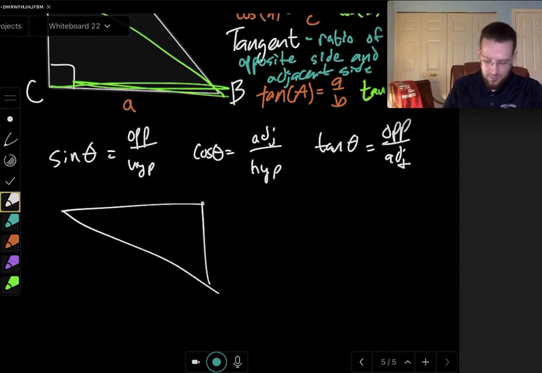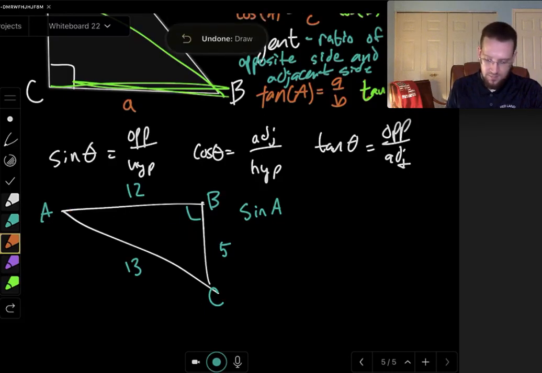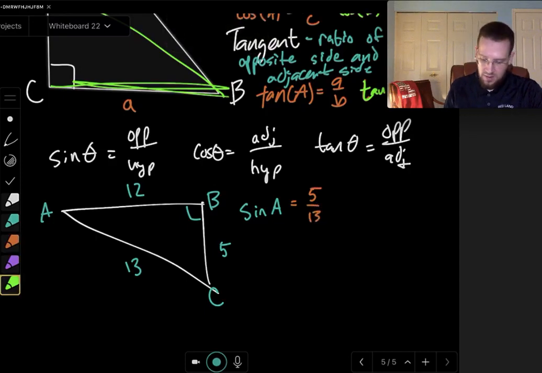So if we look at a triangle with A, B, C and sides 12, 5, 13, with a right angle, and we want the sine of angle A, the sine is the opposite, so that's 5 over the hypotenuse, which is across from the right angle, and that is 13. What if we wanted the cosine of angle A?